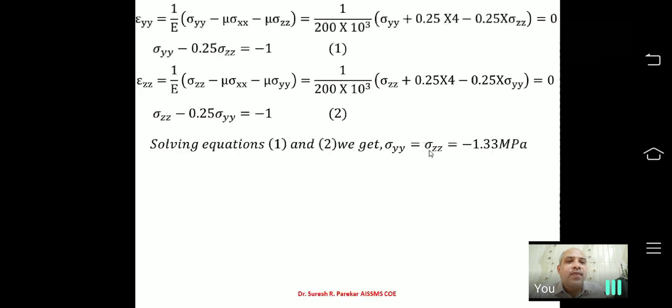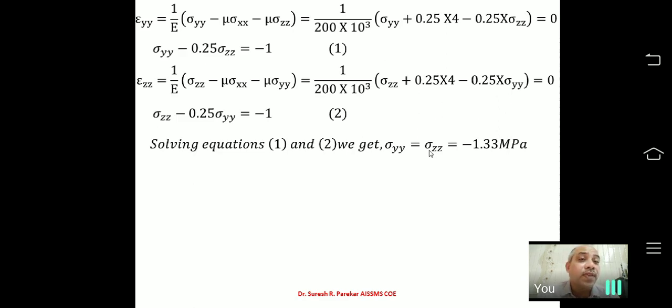Similarly, I will go to epsilon zz. Again we have sigma yy and sigma zz unknown. Again I will get another equation, sigma zz minus 0.25 sigma yy equal to minus 1. Now I will solve equations 1 and 2. Solving them, I will get sigma yy equal to sigma zz equal to minus 1.33 MPa.